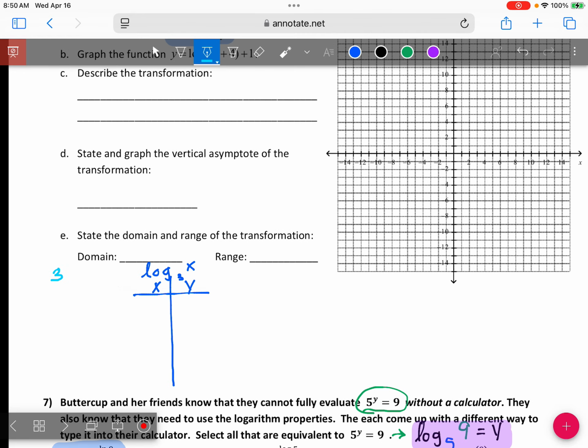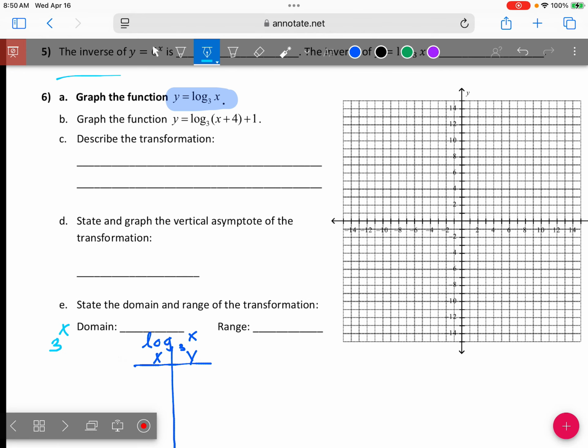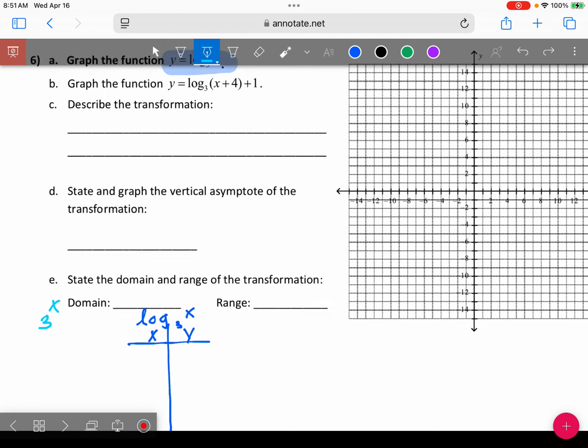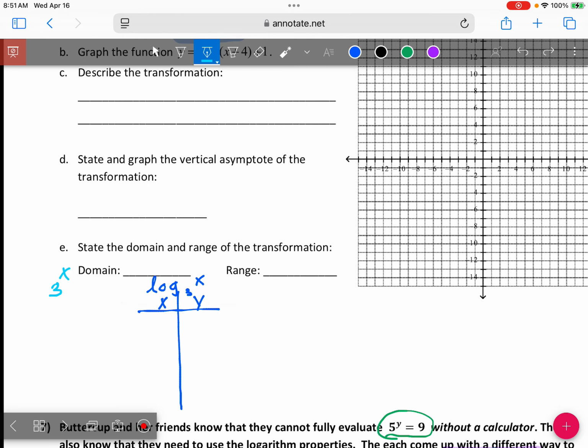The 3 to the x, because we need its inverse. That's why a lot of the times it has these kinds of questions really nearby where it's asking the inverse, is that's giving us our parent function for the graph. 3 to the x is our first table we're going to draw.